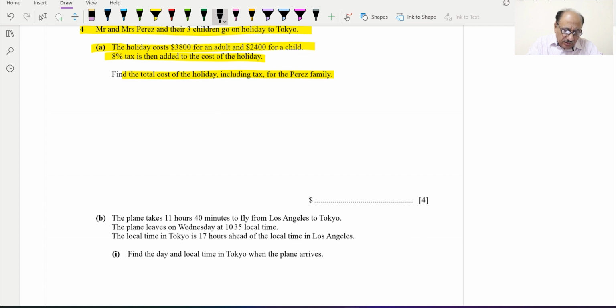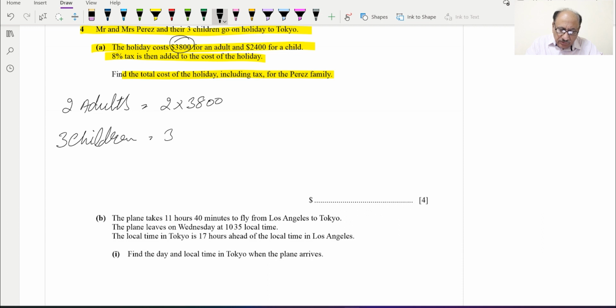So 2 adults, so we can write 2 adults. 2 adults will be costing how much? It will be 2 multiplied by their individual cost, which is 3,800, and for 3 children it will be 3 multiplied by 2,400.